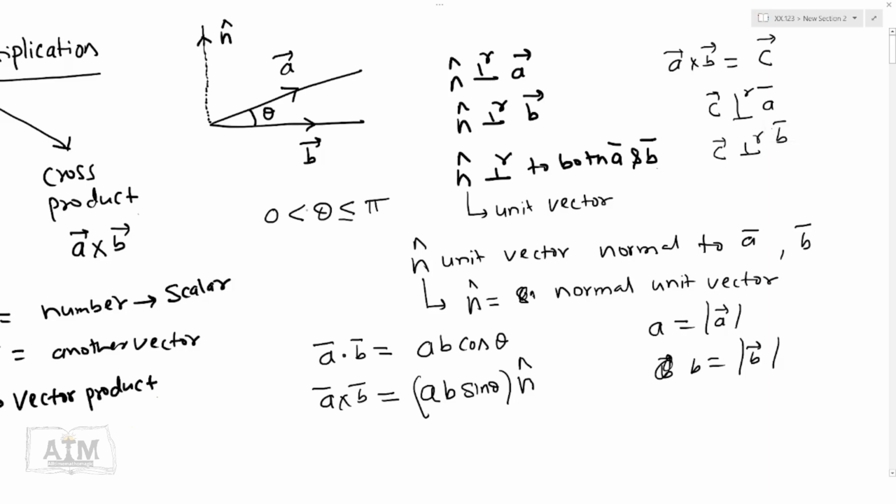One more thing: theta is greater than 0, and theta is less than or equal to pi. But in the case of parallel vectors, collinear vectors, we need to take theta equal to 0. Therefore, theta is greater than or equal to 0 here.